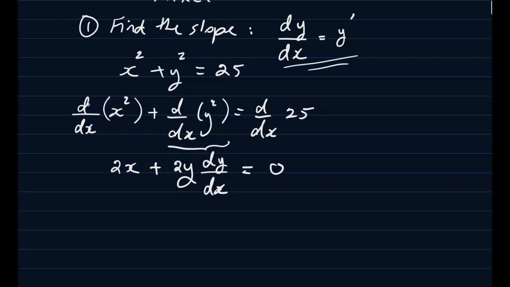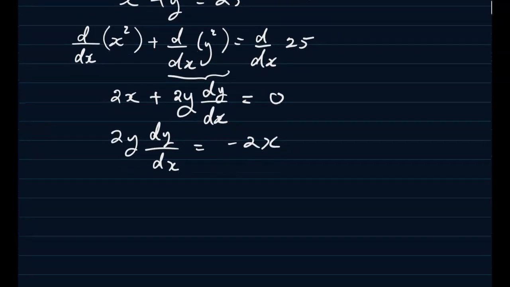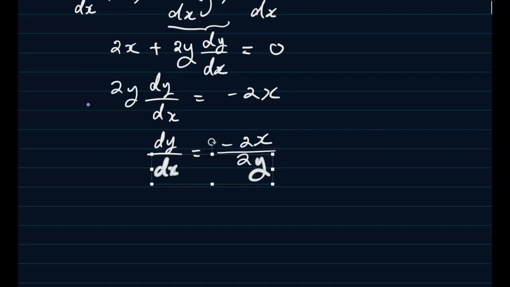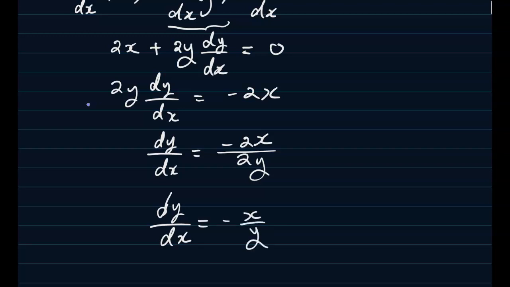So now we're going to isolate dy/dx. We have 2y dy/dx equals negative 2x, and then dy/dx equals negative 2x over 2y, and therefore, the last piece, dy/dx equals negative x over y.